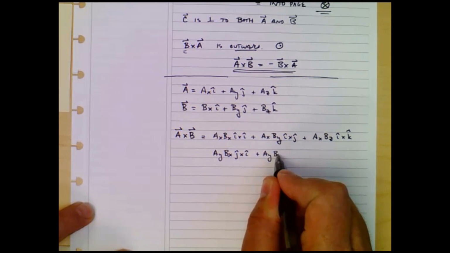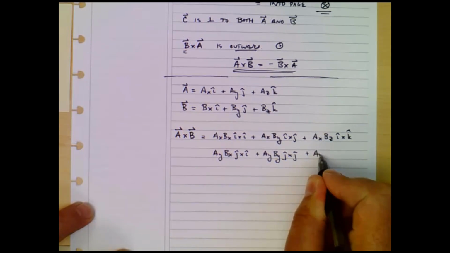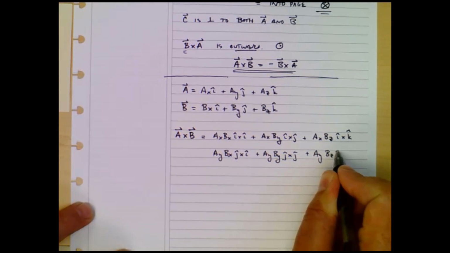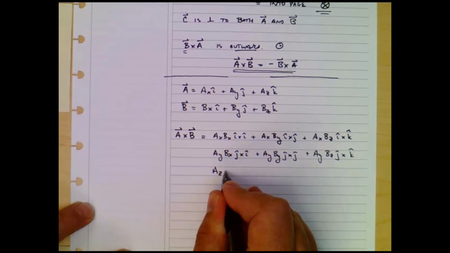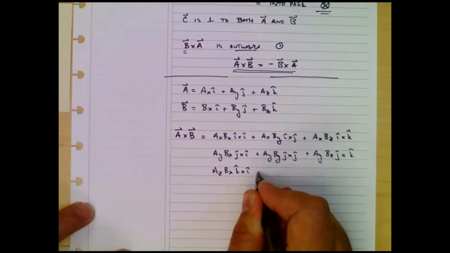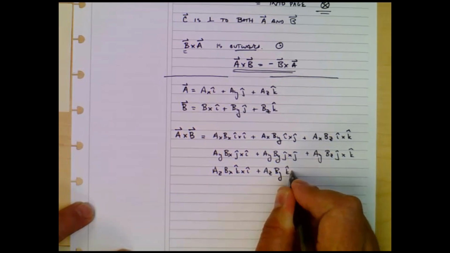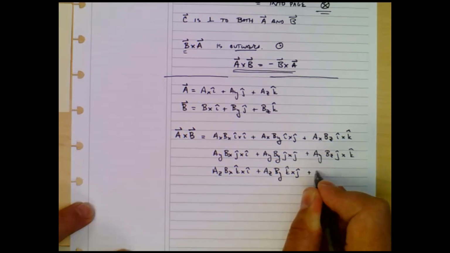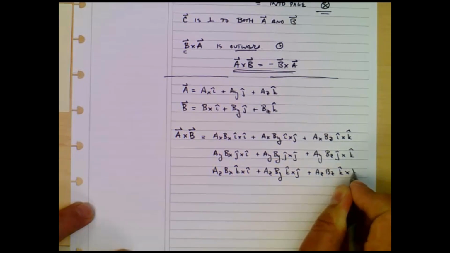Plus ay by, j cross j, plus ay bz, j cross k. Finally, az bx, k cross i, plus az by, k cross j, plus az bz, k cross k.